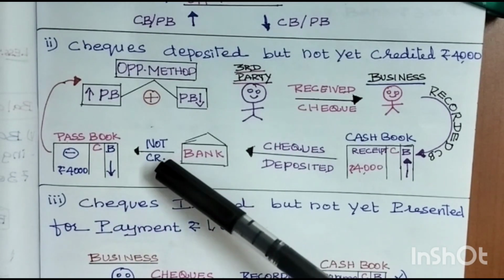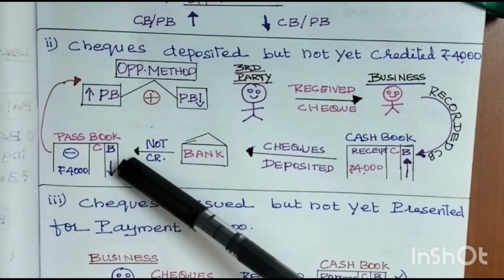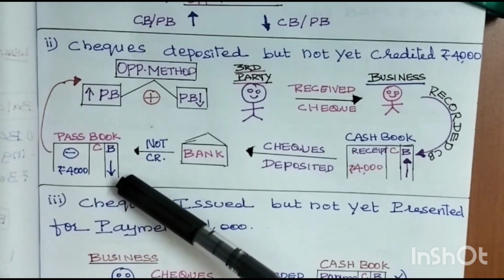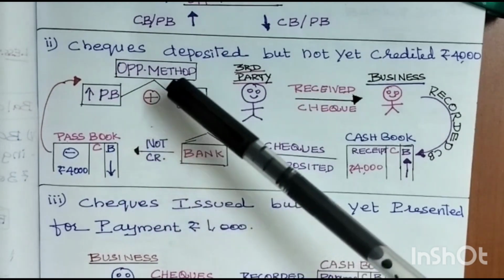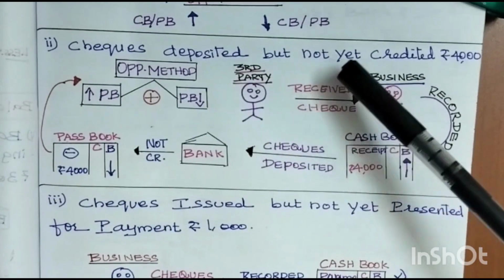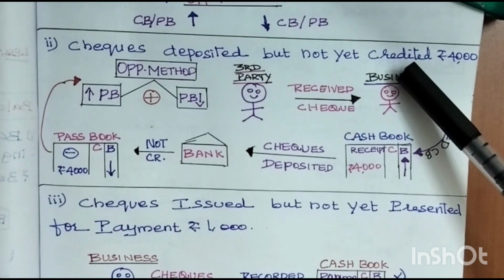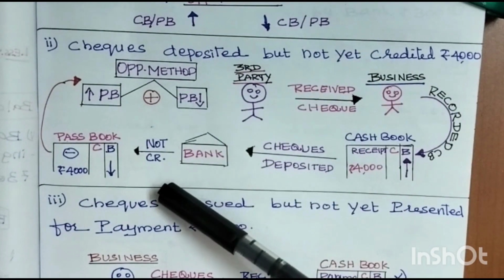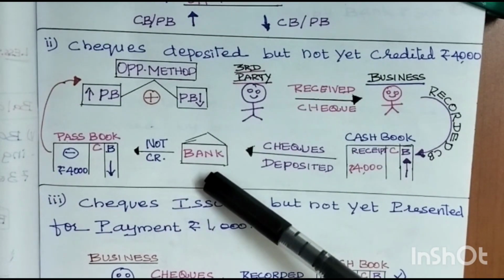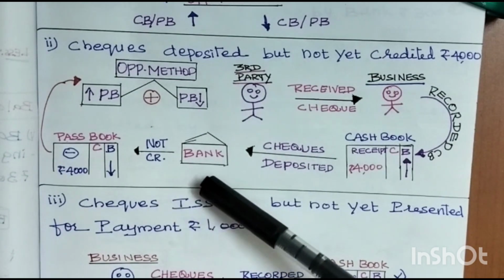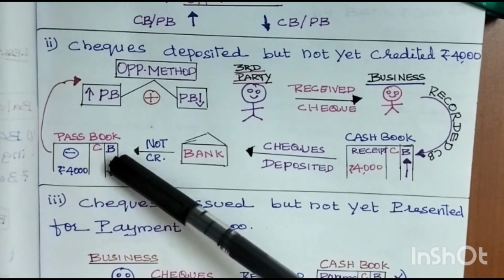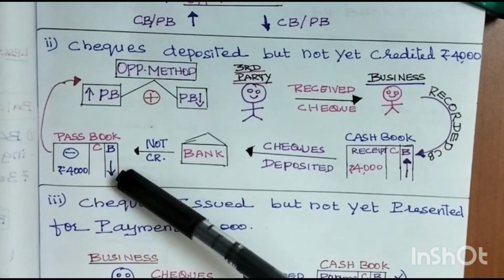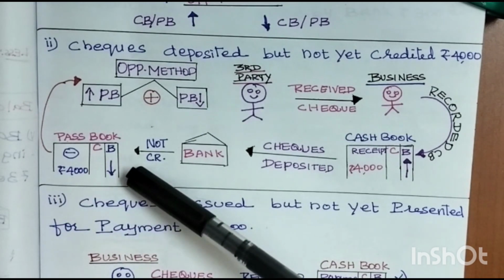The check was not credited, so 4,000 rupees decreased in your passbook. Because the deposited check is not yet credited, which means the check was not cleared. The check was not collected by the bank. So it was not credited in your passbook, and your passbook shows 4,000 rupees decreases.